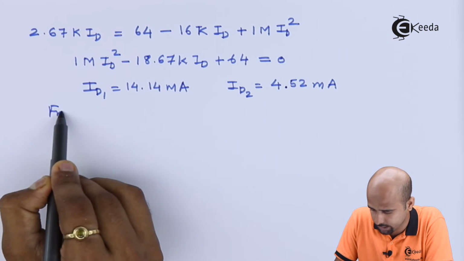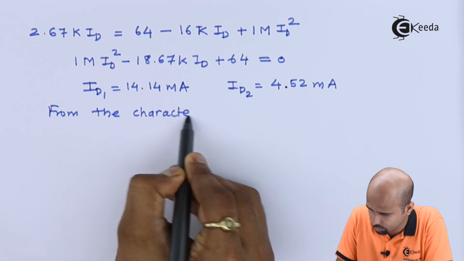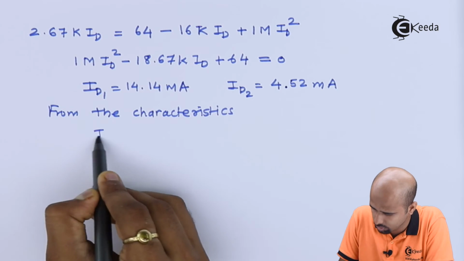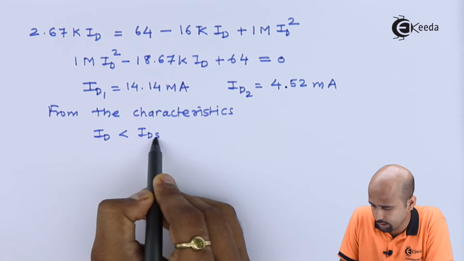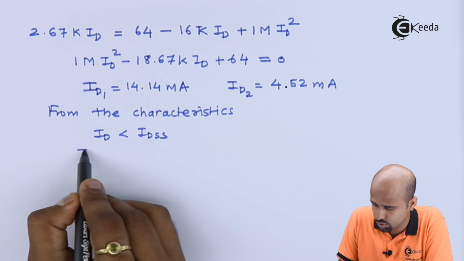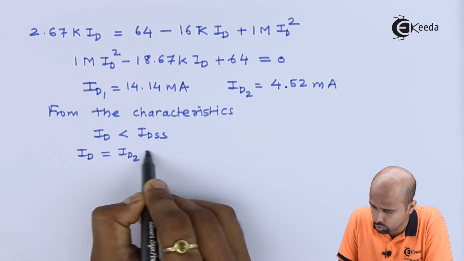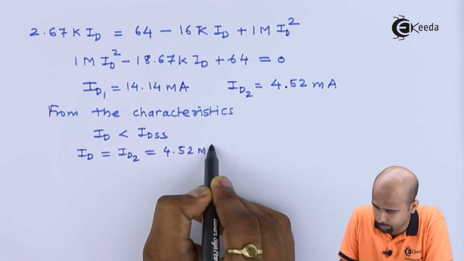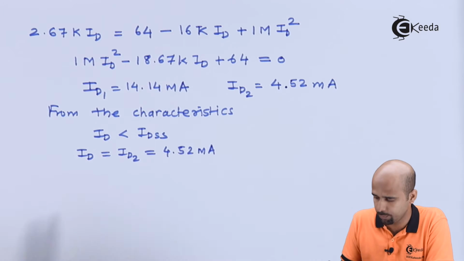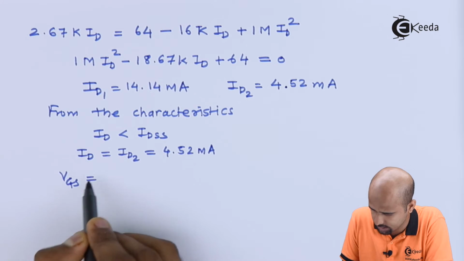So from the characteristics, ID should be less than IDSS, right? So ID is equal to ID2 is equal to 4.52 milliampere.